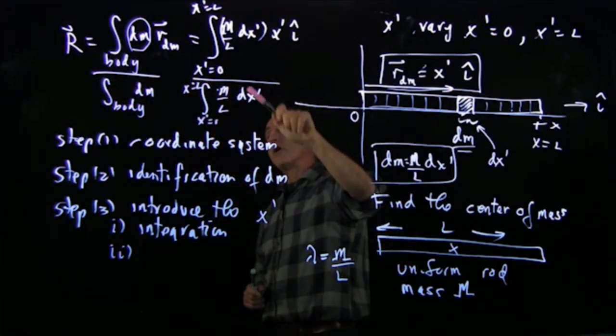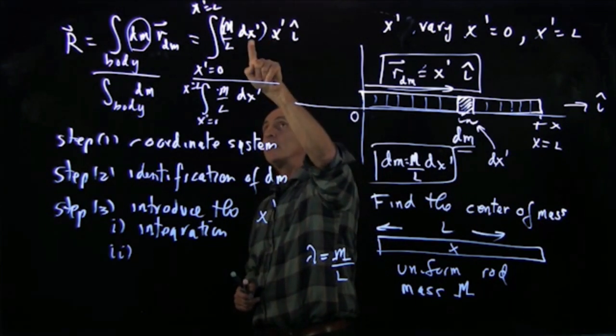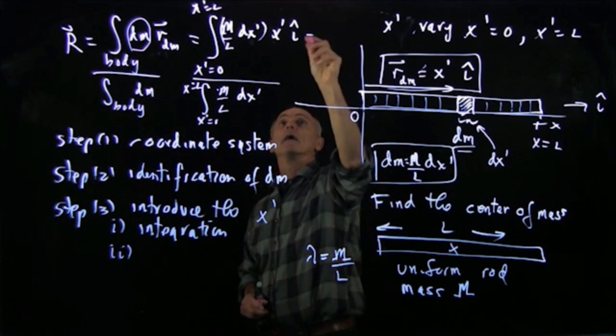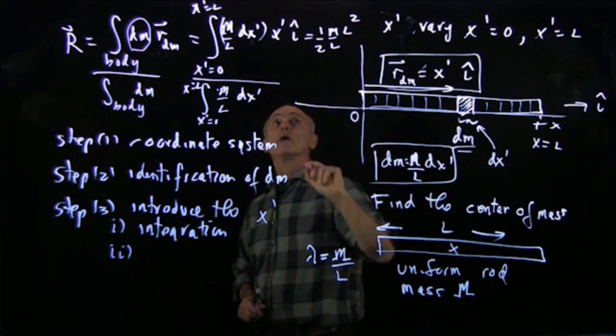Both of these integrals are now not difficult to do. Notice it's x prime dx prime. So this integral is x squared over 2. And I get one half M over L, L squared.